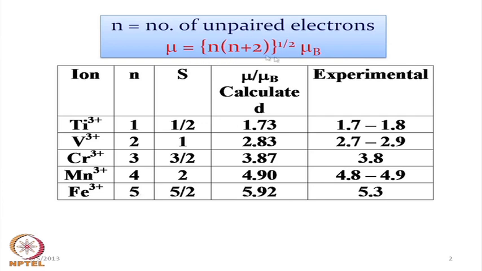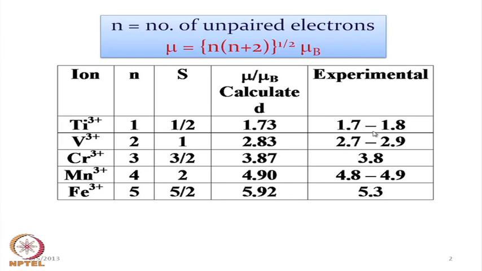If we put these values in this equation, n equal to 1 or n equal to 5, we get the corresponding mu values, where mu B is the Bohr magneton, and we can calculate it. The calculated values of the magnetic moments are 1.73, 2.83, up to 5.92.